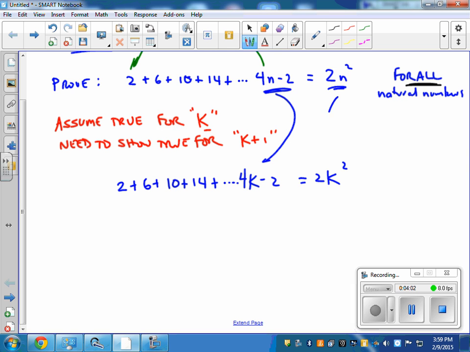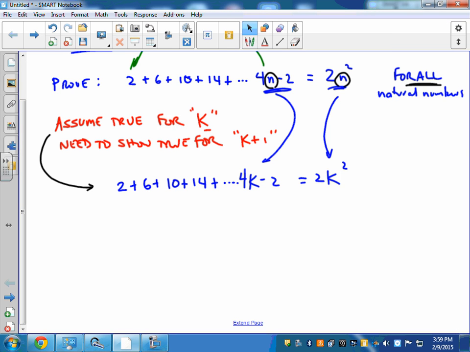And again, that's the kth partial sum. So basically, you replace the n in the general statement with the letter k. That's pretty easy to do. We assume this is true. Okay, and then what we need to show is that this necessarily will result in this statement: 2 plus 6 plus 10 plus 14 plus 4k minus 2.